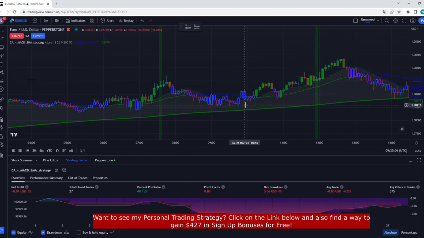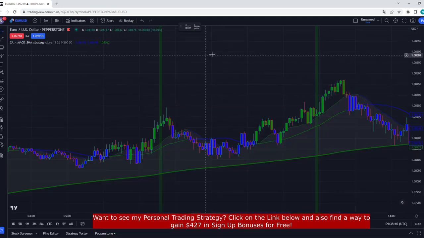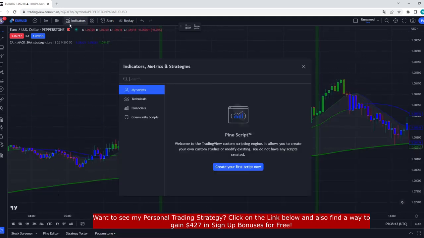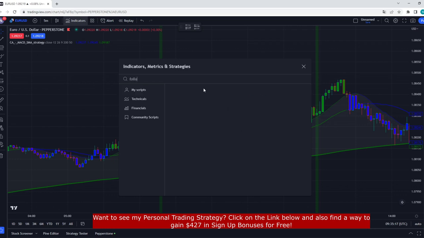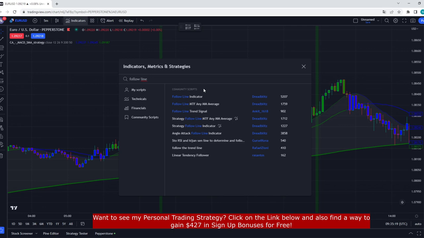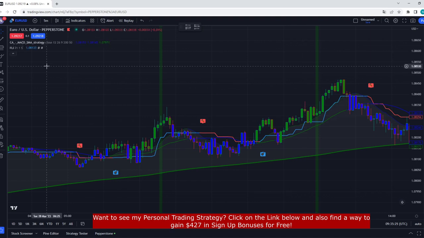It looks a little bit messy now, but you can minimize this window so it looks a little bit better. The second indicator will be the Follow Line indicator by TradeBlitz, this one.